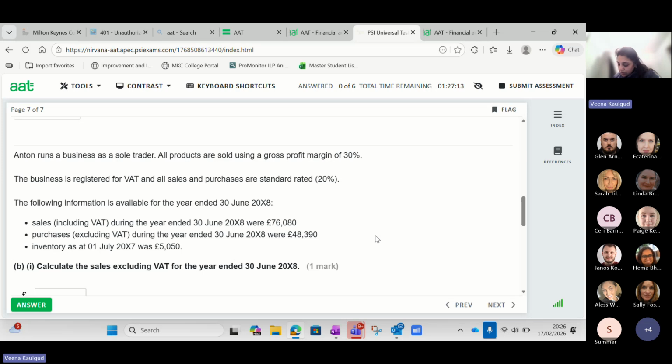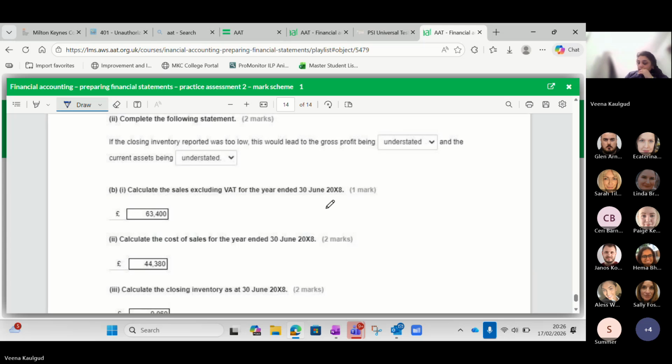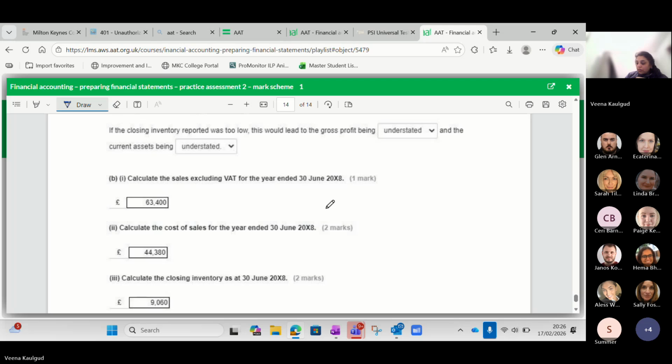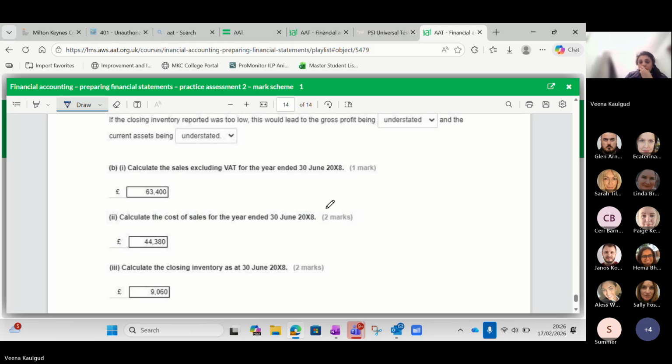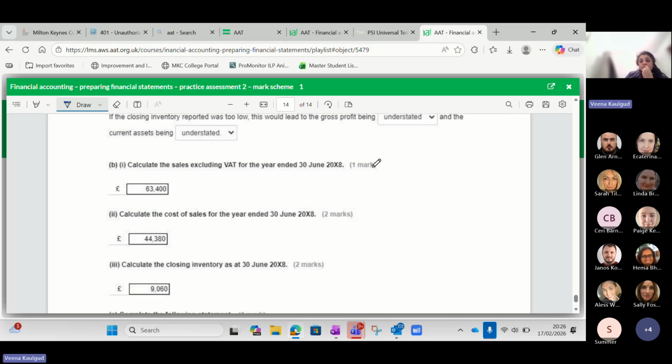It's 463. Let me see if I am right. Cost of sales.